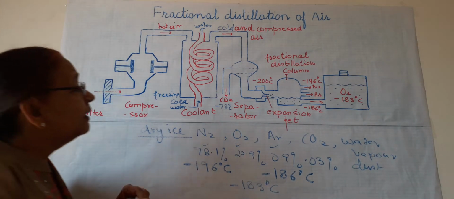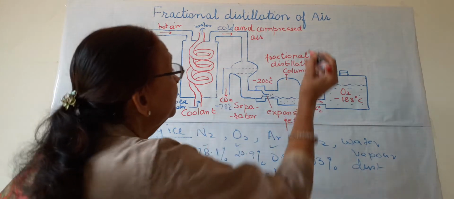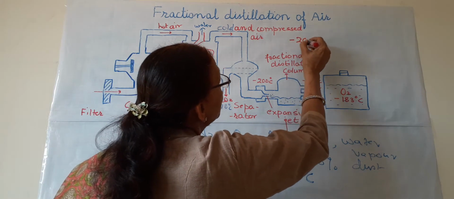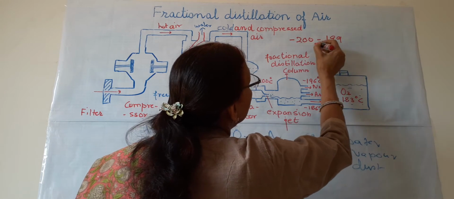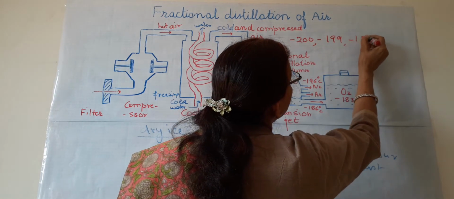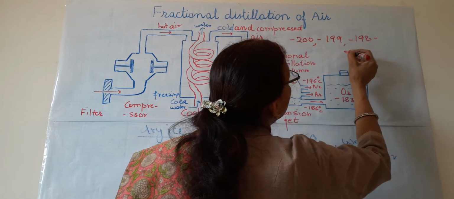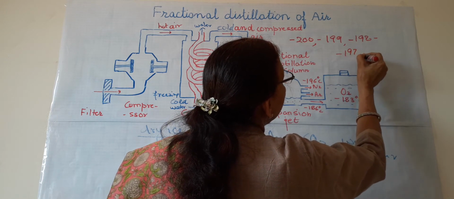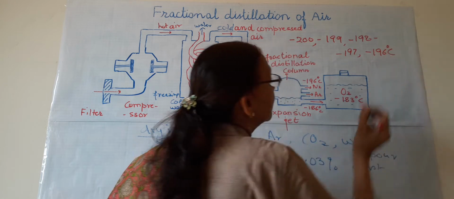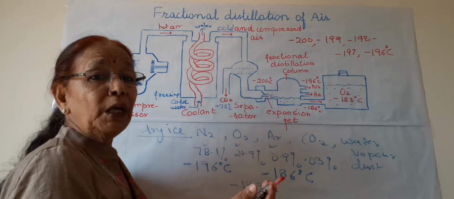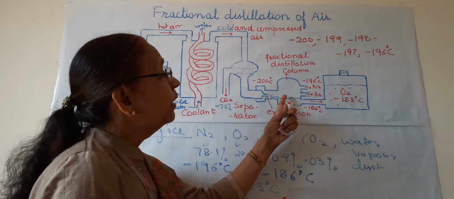When it is slightly warmed up, first minus 200, it goes to minus 199, then minus 198, then minus 197, and ultimately it goes to minus 196 degrees centigrade when we warm up this liquefied air.